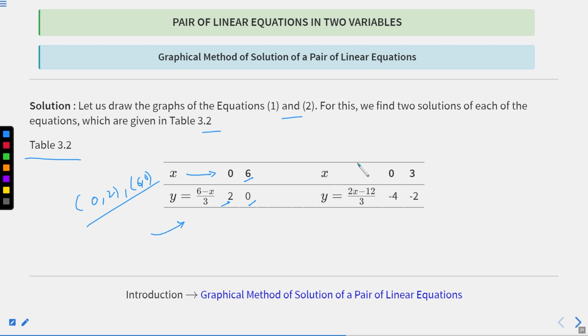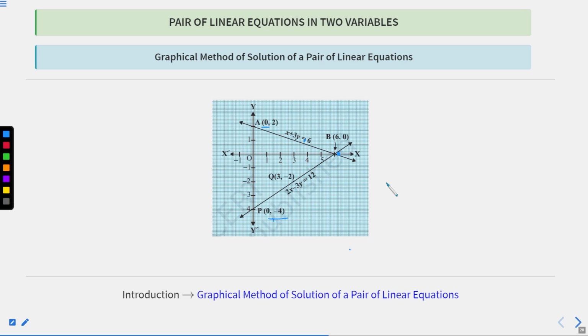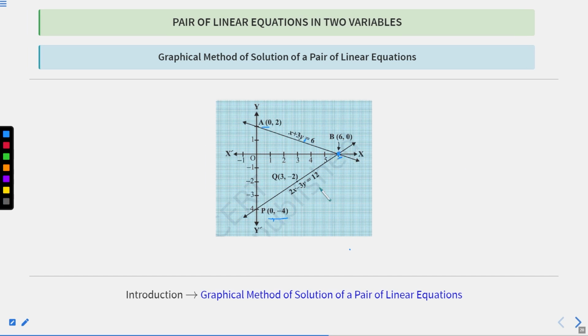Now for the second equation, if we take x is 0, then we get y is minus 4, and if we take x is 3, then we get y is equal to minus 2. If we plot the points 0 comma minus 4 and 3 comma minus 2, you will get a line which intersects the x-axis at 6 comma 0 and the y-axis at 0 comma minus 4.